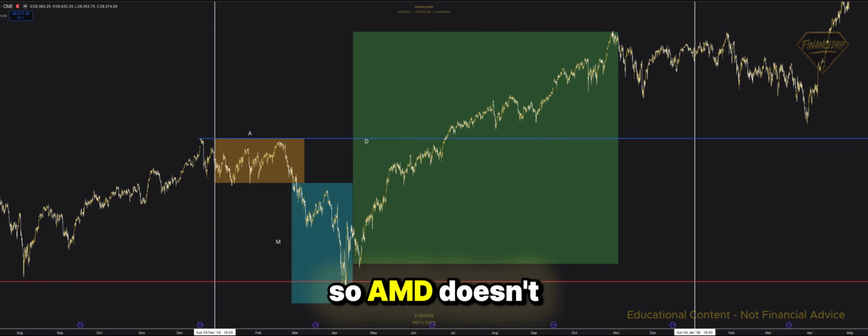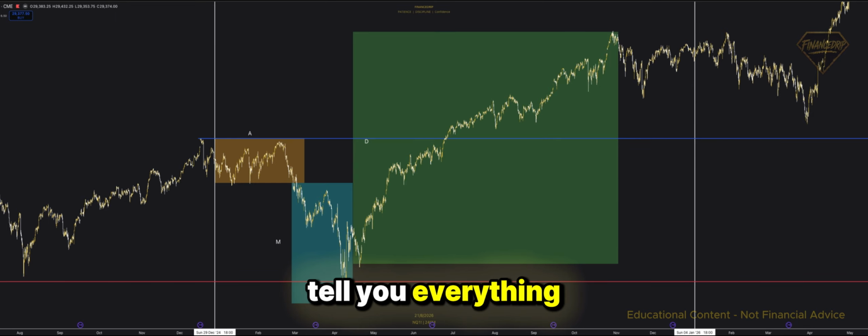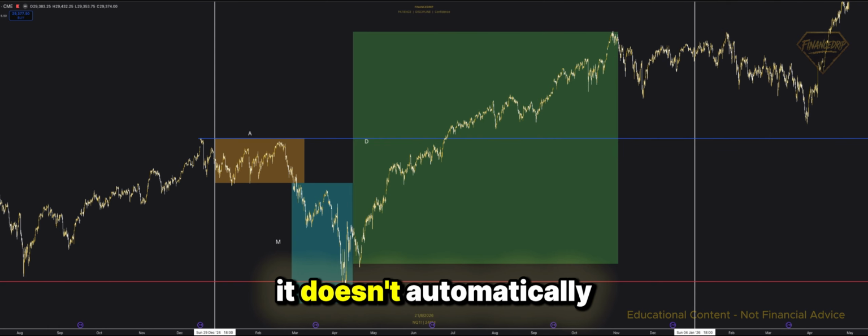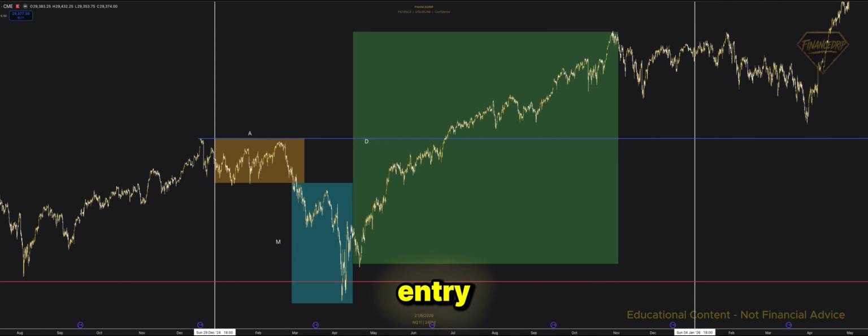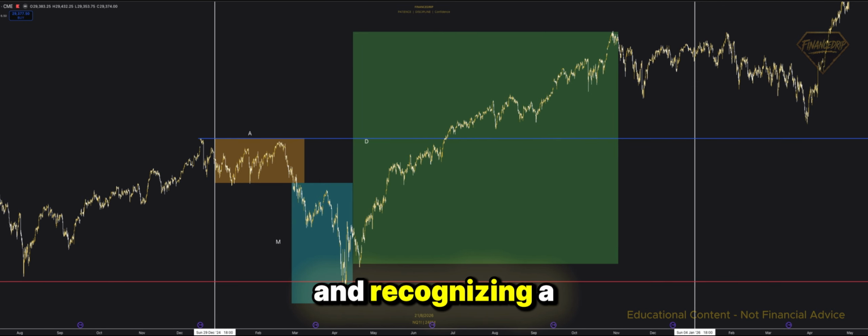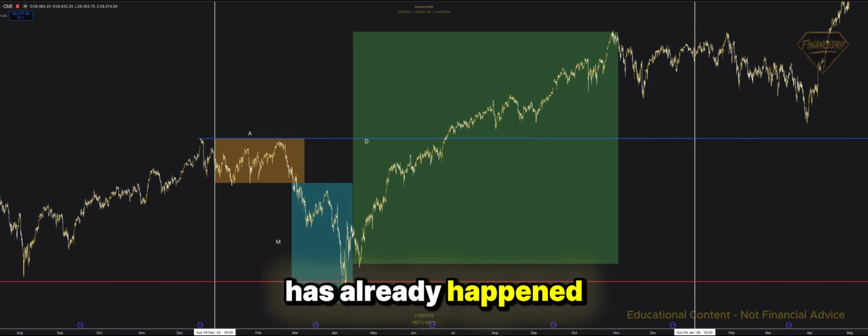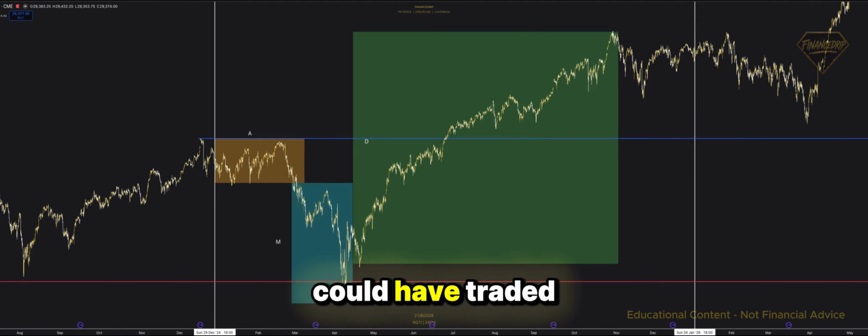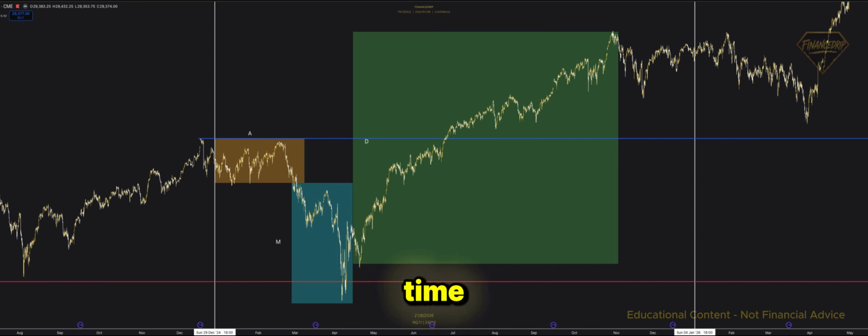So AMD doesn't tell you everything you need to know. It doesn't automatically give you an entry. It doesn't tell you that every range will produce the same sequence. And recognizing a perfect AMD after the move has already happened doesn't mean you could have traded it in real time.